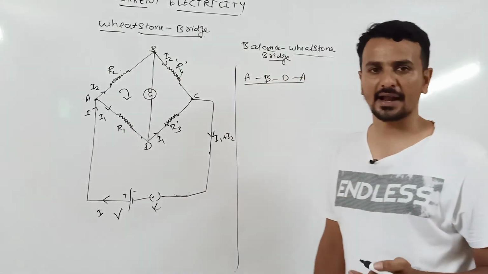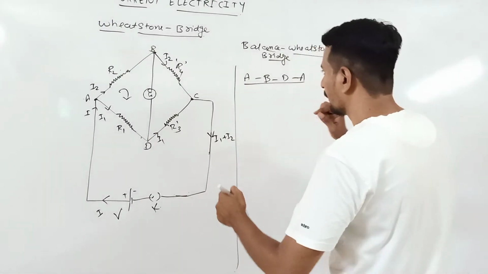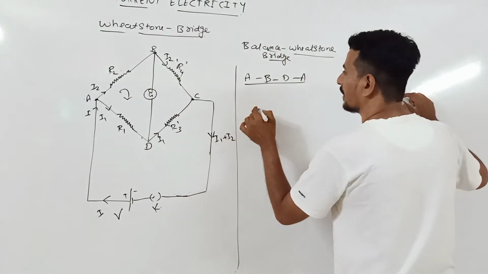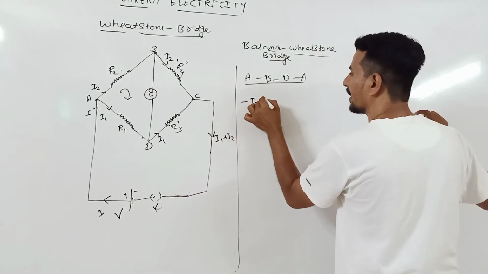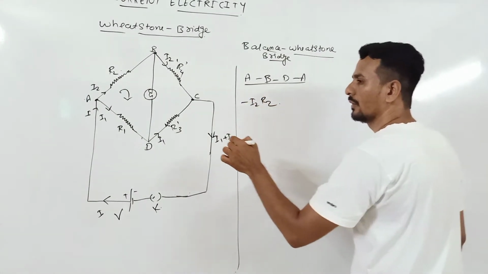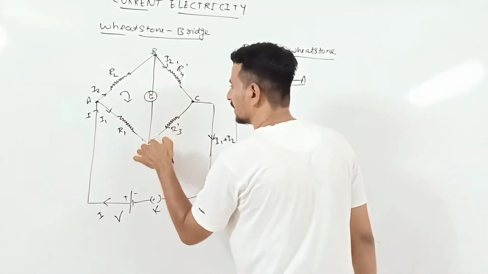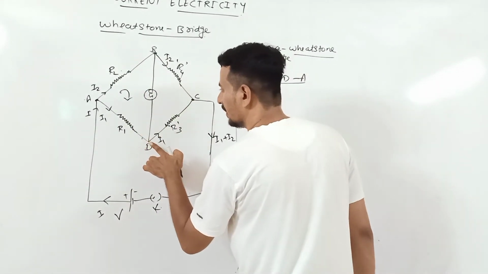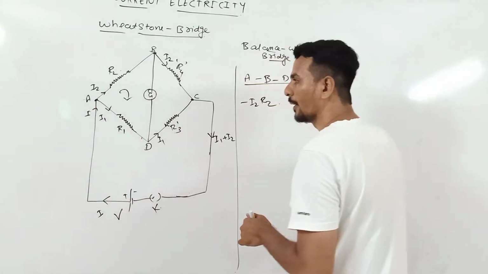If you are moving in the direction opposite to the flow of current, the drop will be considered positive. So starting from A, the current is in this direction, we are also moving in the same direction. So minus I2 R2. There is no current in this branch, in this galvanometer, and we will be moving on this side. I1 is the current moving in the opposite direction.